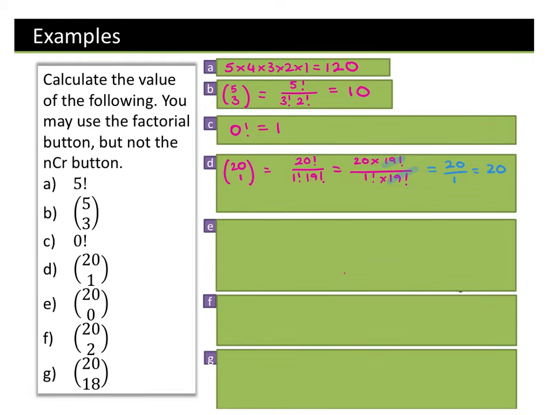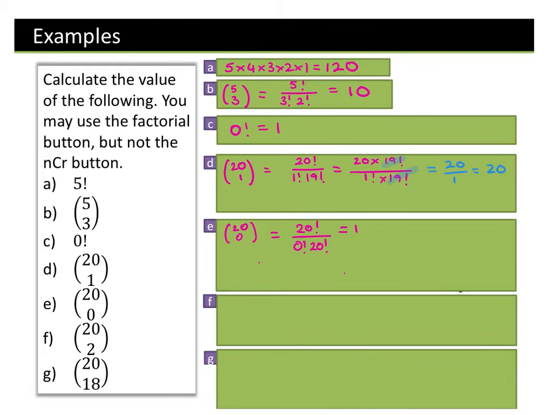Okay, part E. 20 choose 0. We're literally saying, how many ways is there to choose nothing? Okay. Now, if we were to put this in the formula, we'd get 20 factorial over 0 factorial times 20 factorial. But we know from Pascal's triangle that 20 choose 0 is 1.